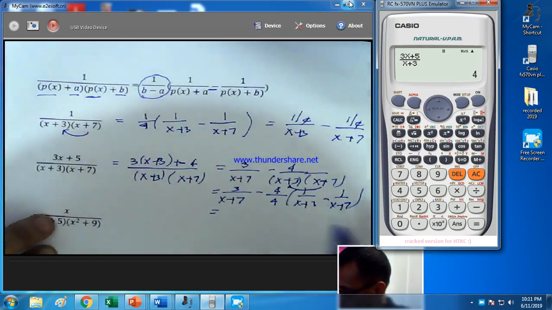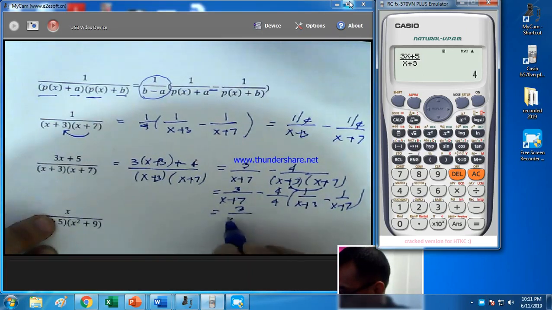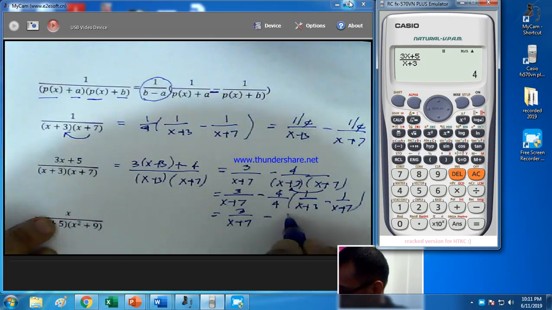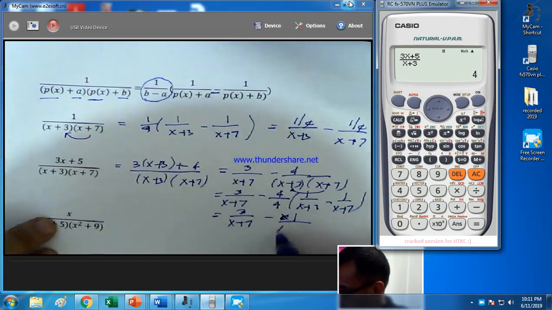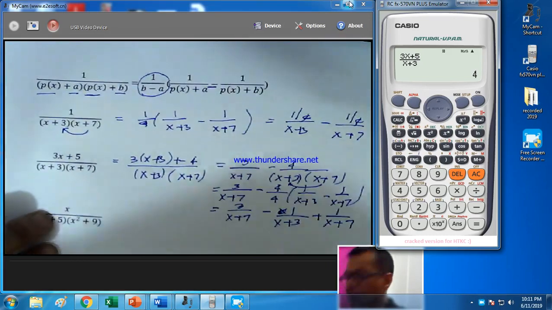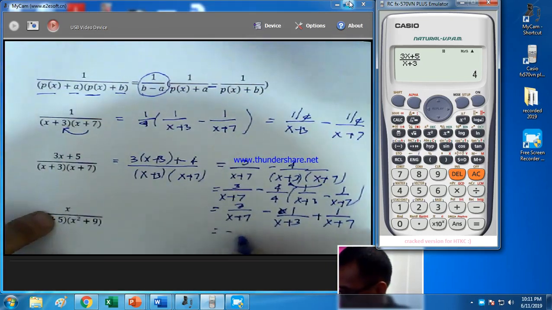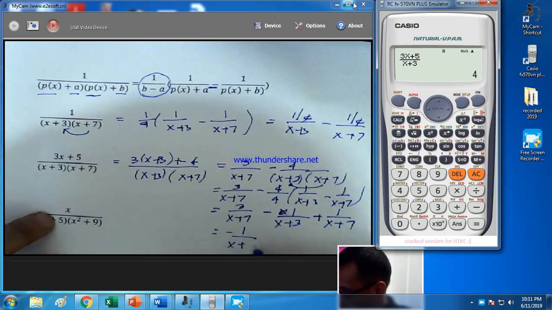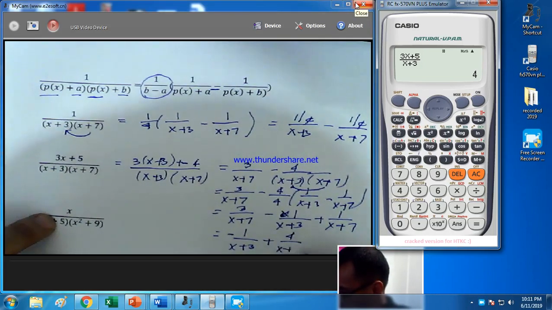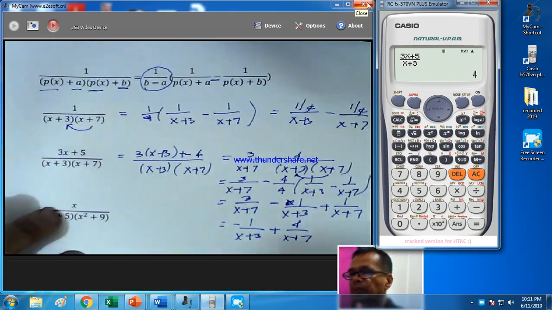That gives you 3 over x plus 7 minus 1 over x plus 3 plus 1 over x plus 7, and this gives you negative 1 over x plus 3 plus 4 over x plus 7.